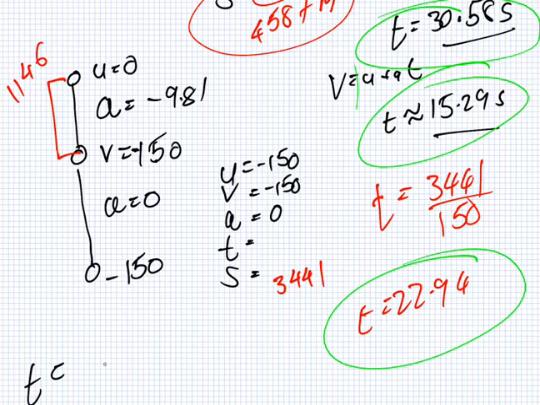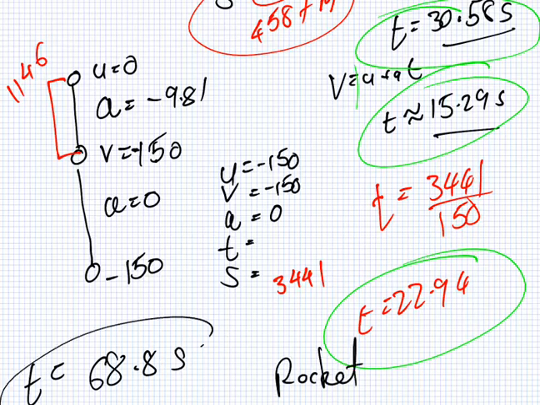No. V equals U plus AT? No. S equals UT. It's unsolvable. No, it's not unsolvable. It's a little bit more difficult.